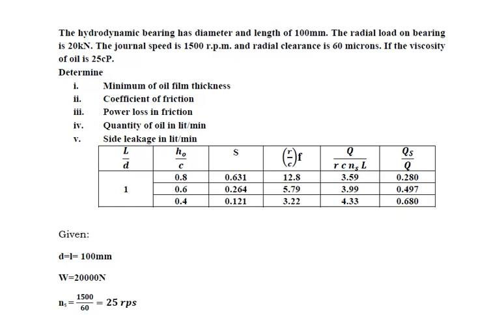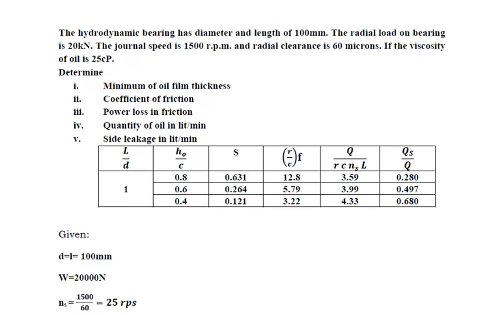So dealing with the numerical of hydrodynamic bearing, we will start this numerical. The hydrodynamic bearing has diameter and length of 100 mm. The radial load on bearing is 20 kilonewton. The journal speed is 1500 rpm. Radial clearance is 60 microns.